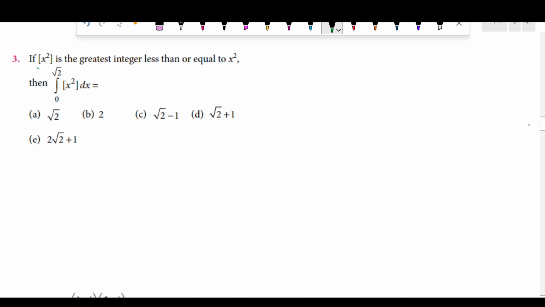Here we are given, if this is the greatest integer function of x square less than or equal to x square, then we need to find the integration of this. Right?